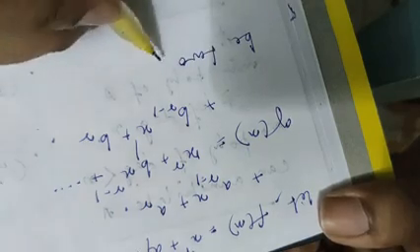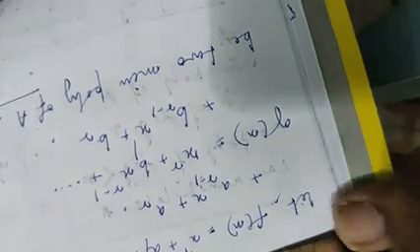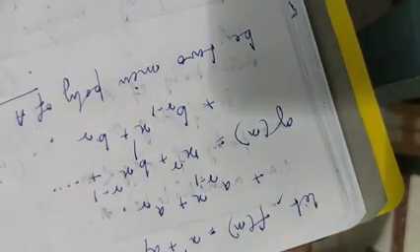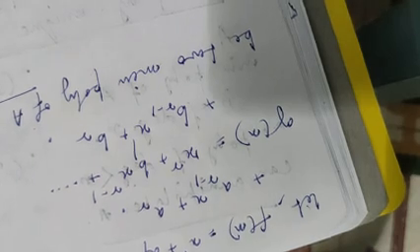Let f(x) and g(x) be two minimal polynomials of A, if possible. We need to prove that the minimal polynomial is unique, so we have taken two minimal polynomials. Both of them annihilate A, that is, f(A) is 0 and g(A) is also 0 by the definition of the minimal polynomial. Here 0 means the zero matrix, obviously, because f(A) is a matrix also.